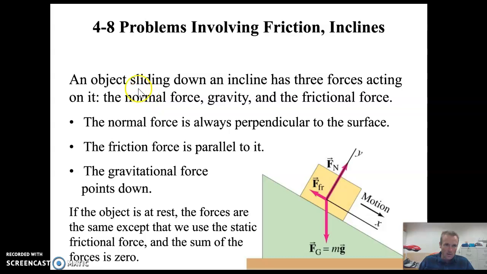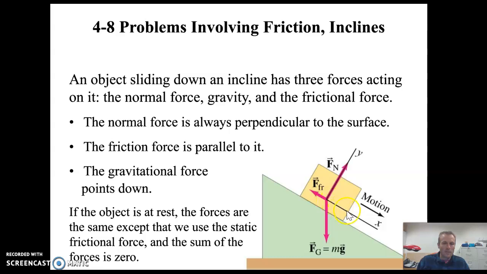This object on the incline has three forces acting: normal force, gravity, and frictional force. Let's say this object is at rest right now. If that's the case, the friction force is opposing gravity. You might be wondering, how does that work? The ramp is sloping this way. Gravity, I've taught you, always points straight down.